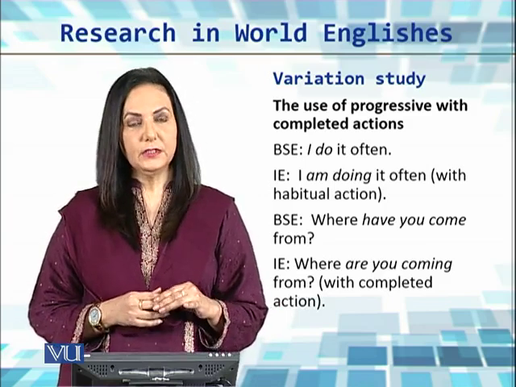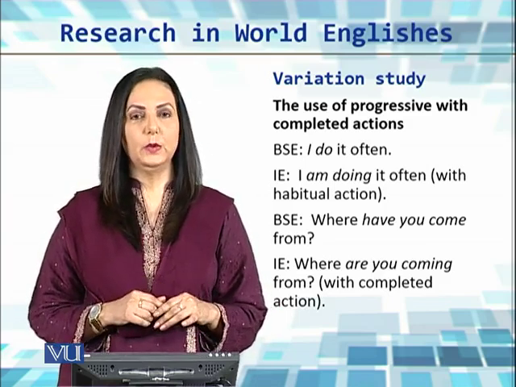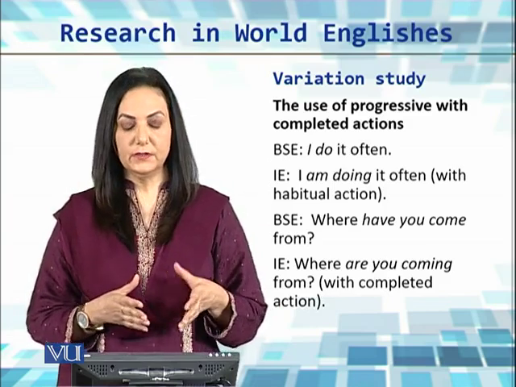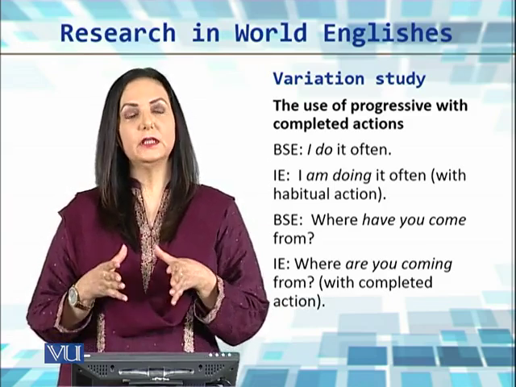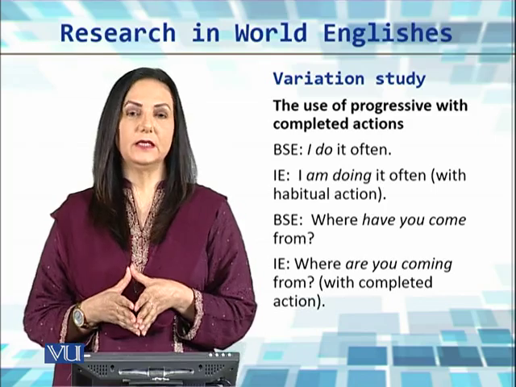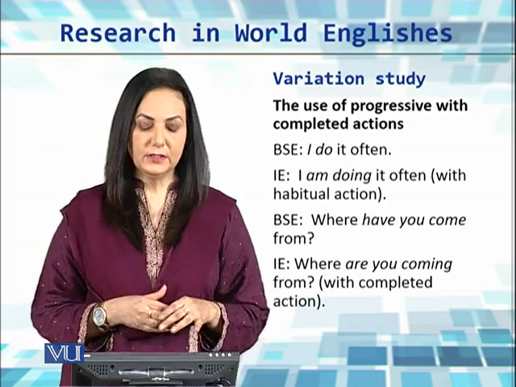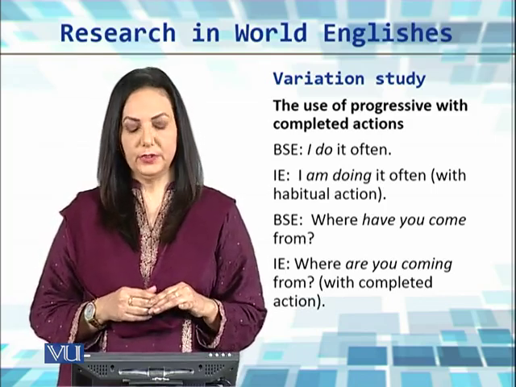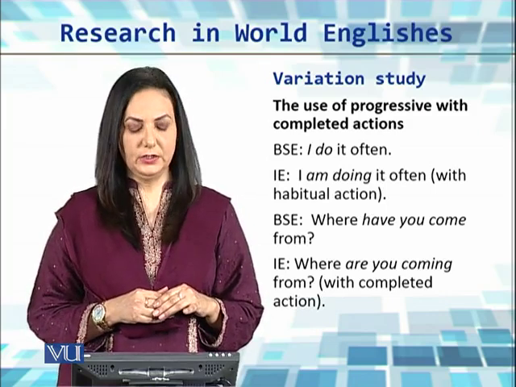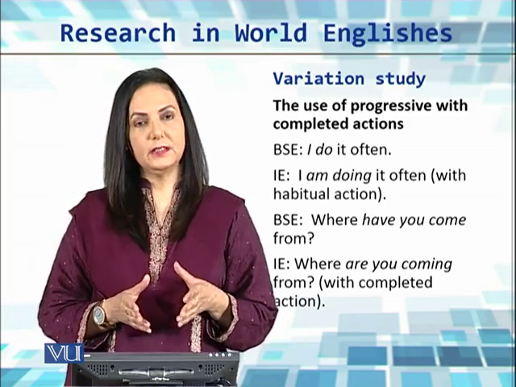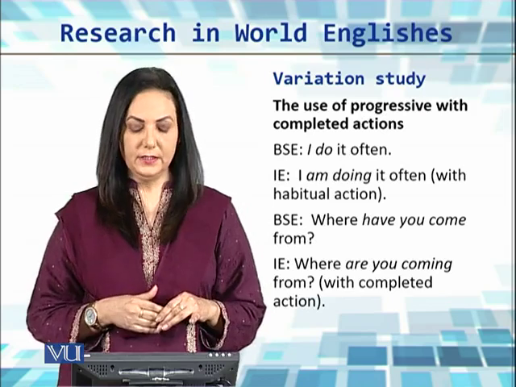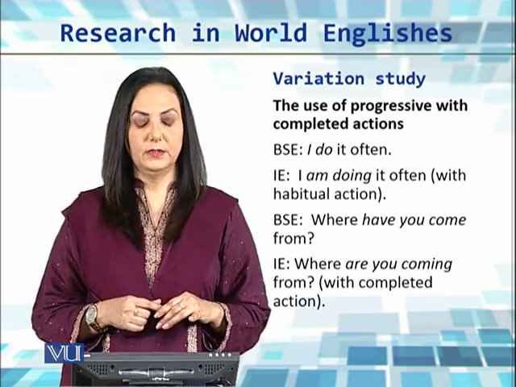The research shows that one way in which the varieties, especially the outer and expanding circle varieties, differ from the native English varieties is the use of progressive with completed actions. In British Standard English, what we normally hear is, I do it often.